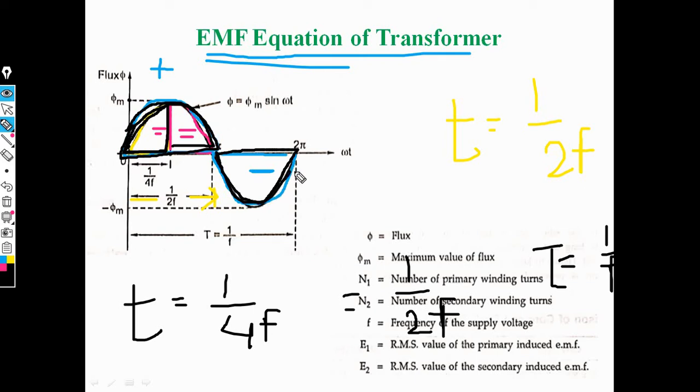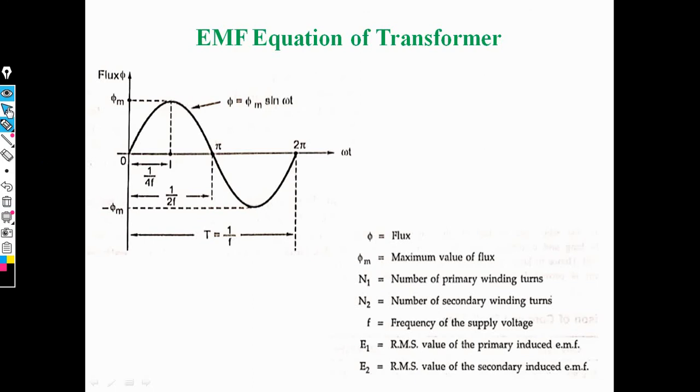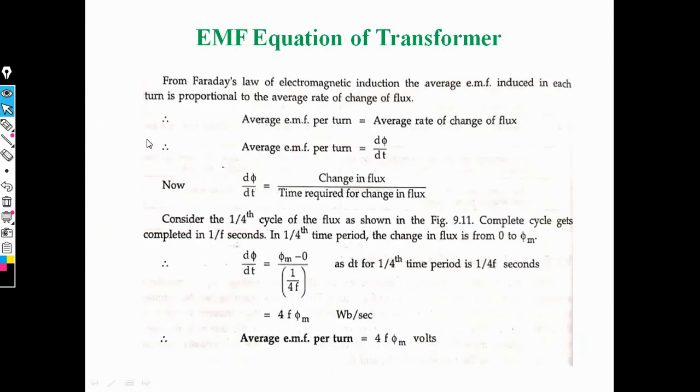Now we need the procedure to find the EMF equation of the transformer. The EMF equation of the transformer depends on Faraday's law of electromagnetic induction, that is E equals d phi by dt.